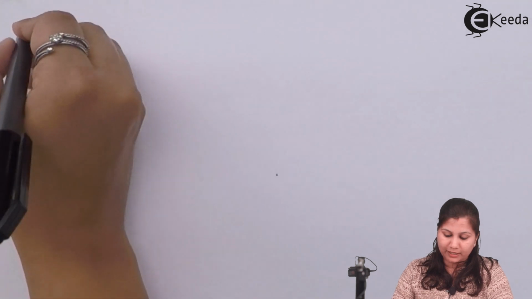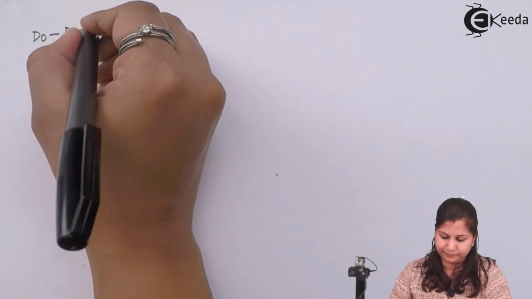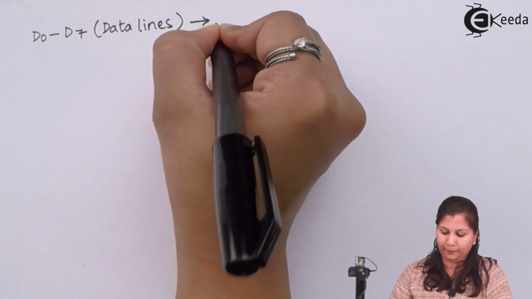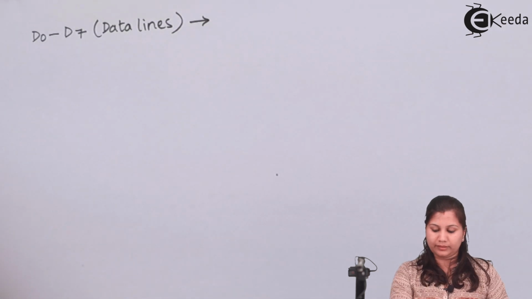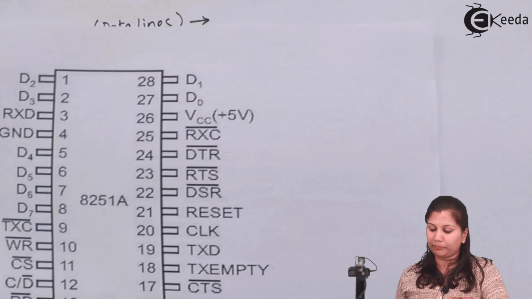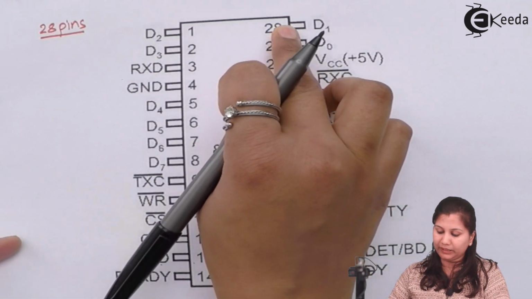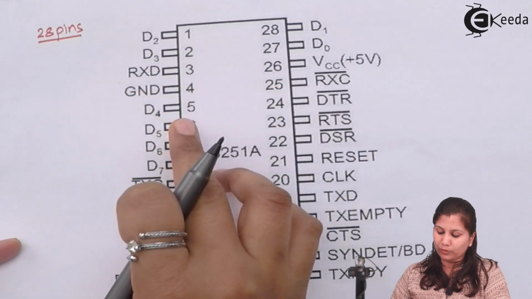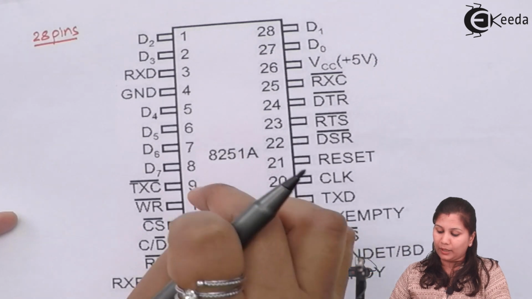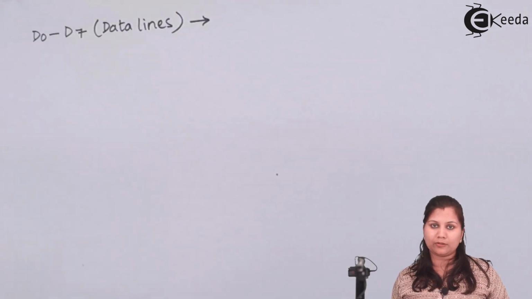So first we will start with the data bus. In the 8251 IC we have 8 data lines from D0 to D7 present at pin numbers 27, 28, 1, 2, 5, 6, 7 and 8. Now these pins can act as input pins also and output pins also.